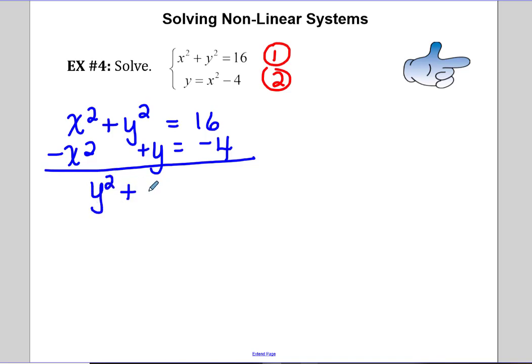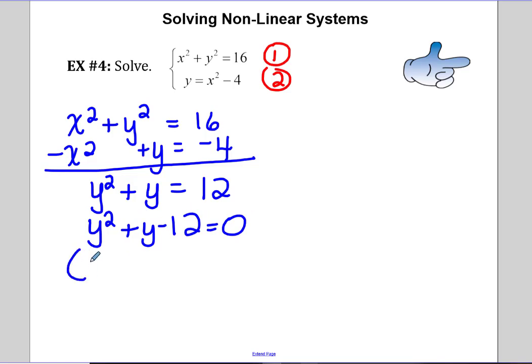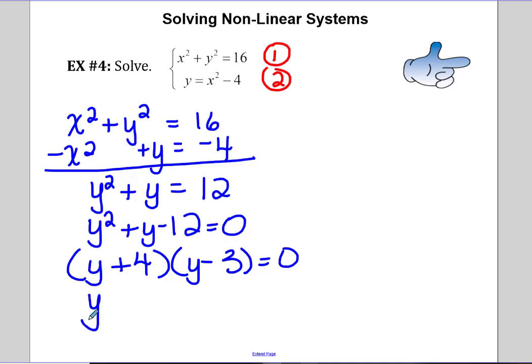We got y squared plus y equals 12. You take that 12 to the other side, and we have a parabola that we can factor. Factors of negative 12 that add up to positive 1 would be positive 4 and negative 3. So our y values would be negative 4 and positive 3.